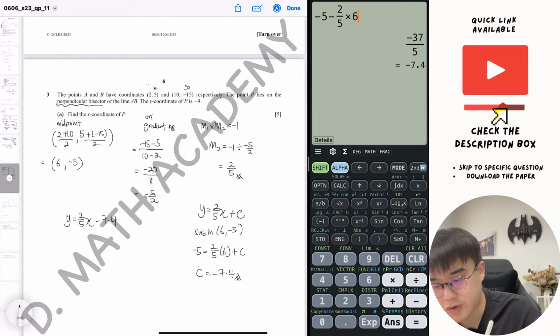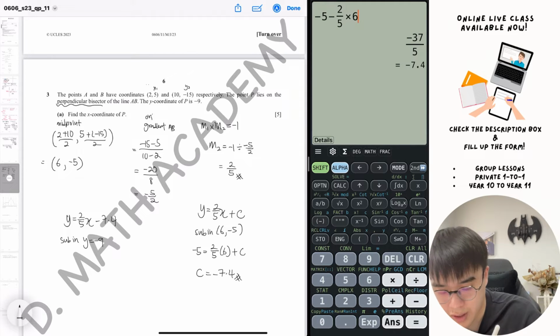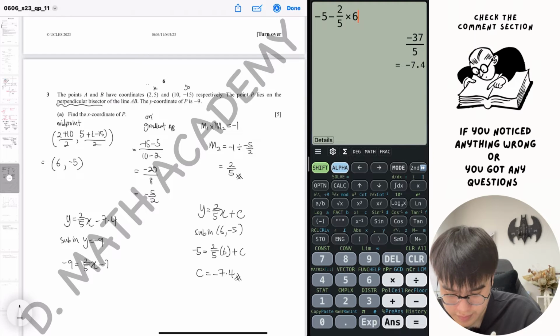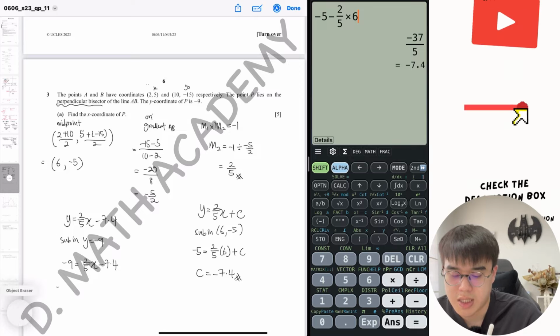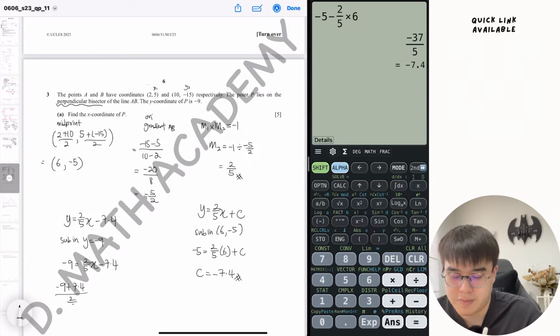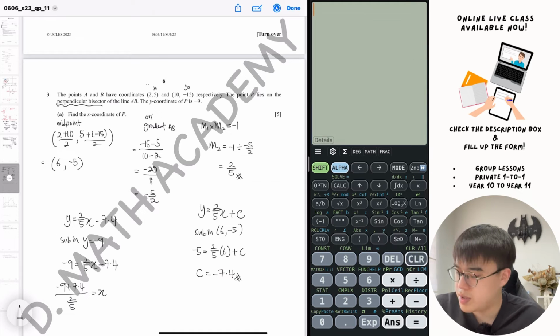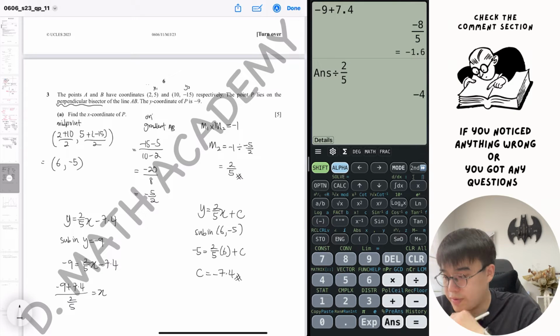Find the x coordinate of P: sub in y equals -9. When you make x the subject, it will be this divided by 2 over 5. So -9 plus 7.4, this result divided by 2 over 5.